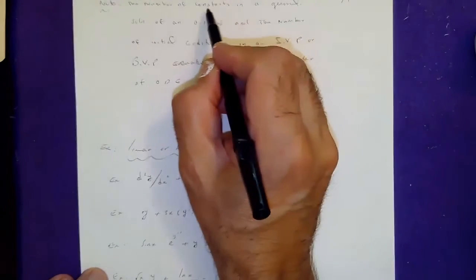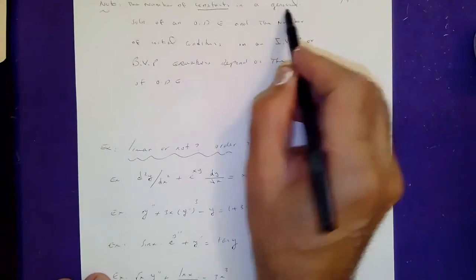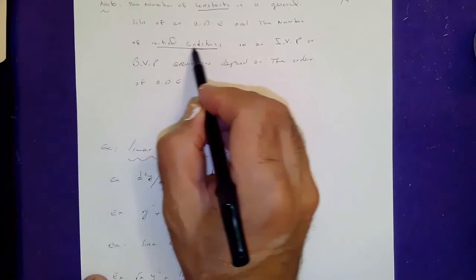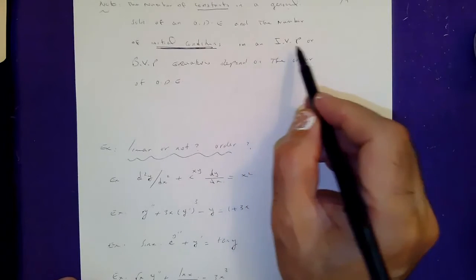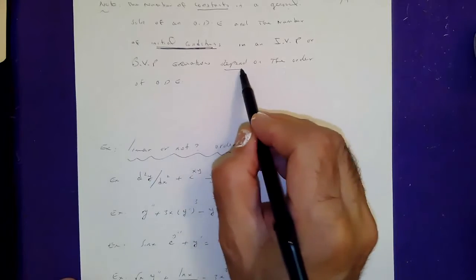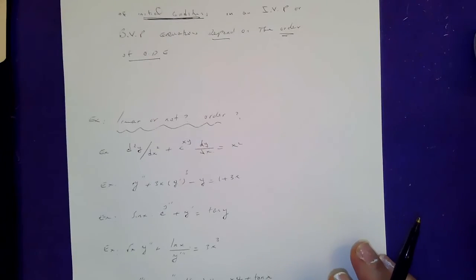One of the things I hope you notice is that the number of constants, the c's, in a general solution of an ODE, and the number of conditions in an initial value or boundary value problem solely depend on the order of the differential equation. What does that mean?